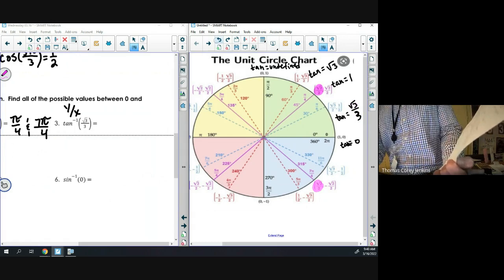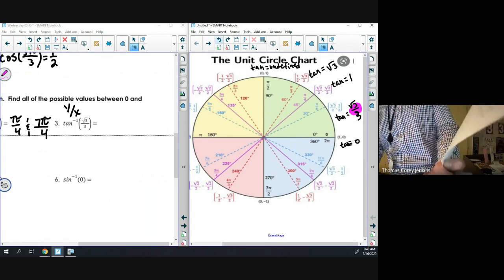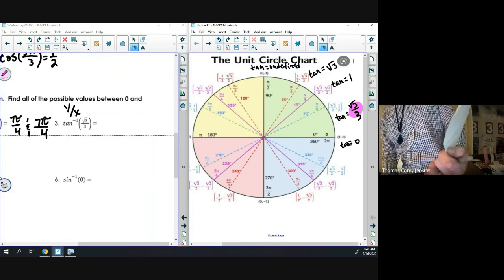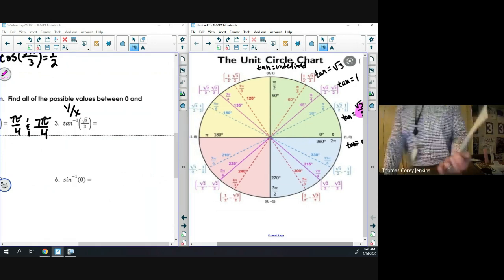So at a 30-degree angle, and then where else would it be positive? So I'm going to have you think about that for a second. So we know the combination positive 1/2 over positive square root of 3 over 2 gives me positive square root of 3 over 3. So where else would tangent be positive? Because it's not obvious. It's not written out.